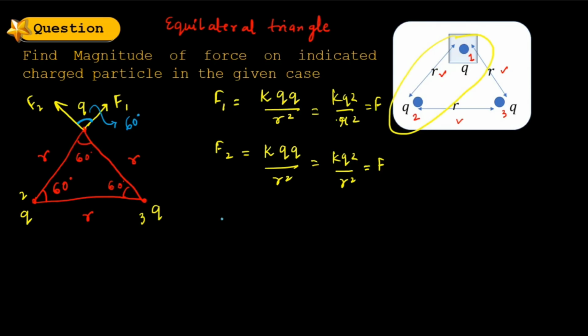So now we know the angle, and we know the force. The net force acting on this particular marked charge is going to be, we have to apply the resultant formula: F1 square plus F2 square plus 2 F1 F2 cos 60. What is cos 60?